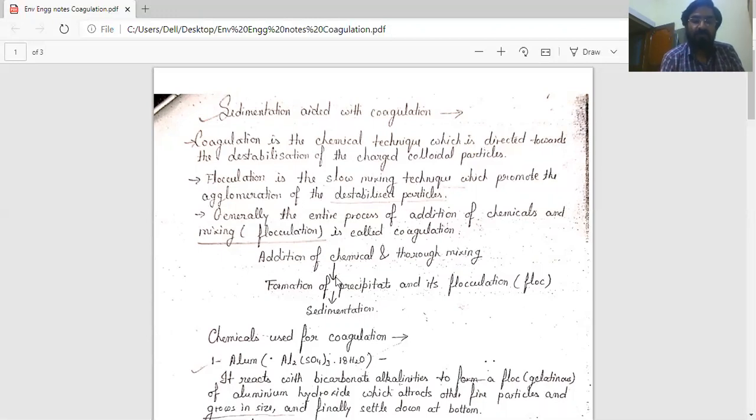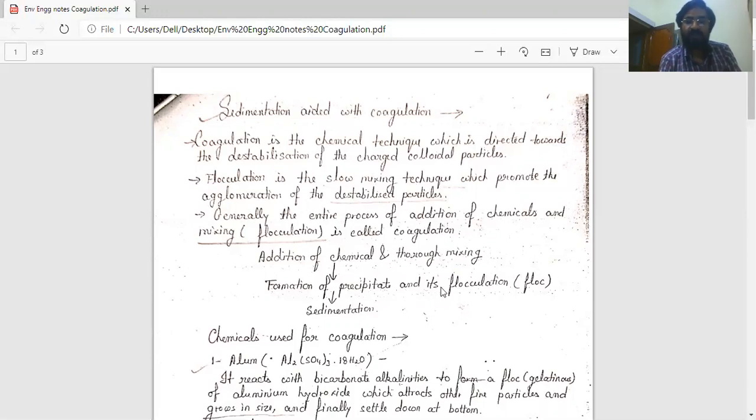Now what happens in this process? First, addition of chemical and thorough mixing, then formation of precipitate and its flocculation. Flocs form, meaning fine particles bind together, and a bigger particle is formed by binding many small colloidal particles.